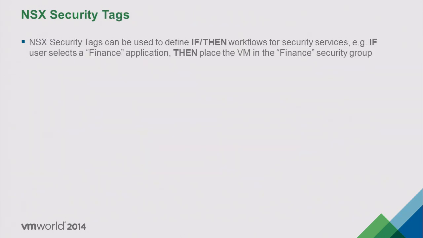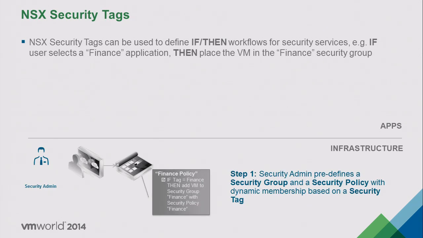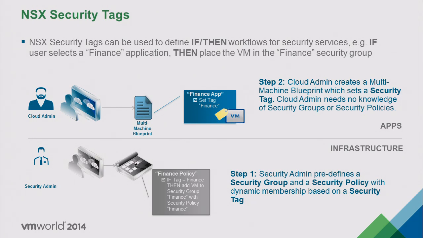So, NSX security tags. They're exposed to cloud admins in VCAC, so they can easily be used to define if-then statements. In the first step, what a person would do to set this up is set up the security admin preferences at the security group and the security policy. Then the cloud admin goes in and builds the machine blueprint and adds the security tag to that multi-machine blueprint within VCAC.